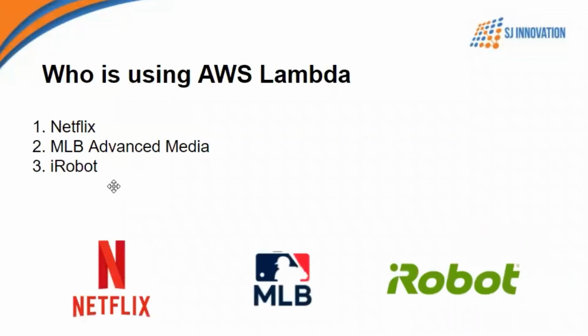Okay, let's talk about who uses AWS Lambda. Many companies are using it right now, but some who use it very widely are Netflix. They use it for video processing. Netflix has a lot of video content, so mostly they take a higher quality video, let's say 1080p.